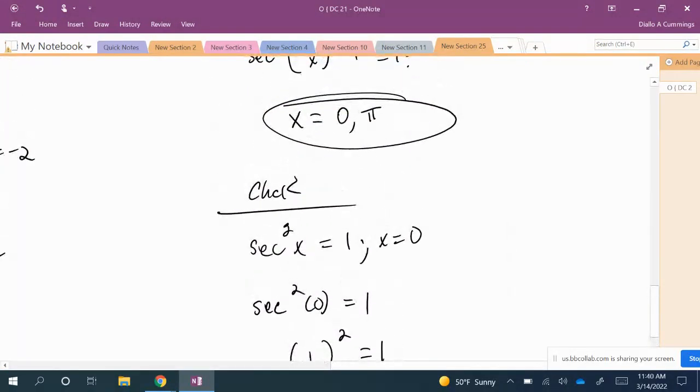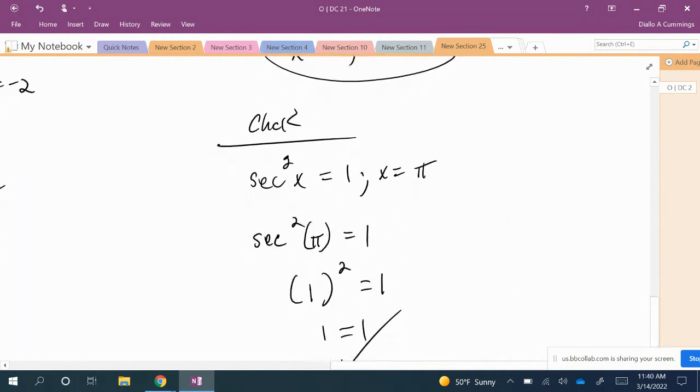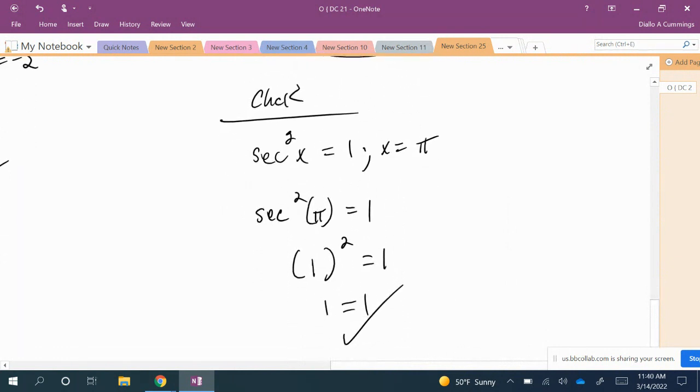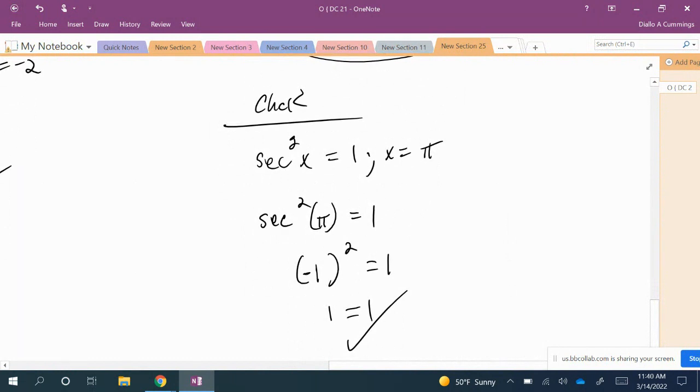And just visually also notice that pi would be a solution, because if we were to take the same check, all right, if I were to substitute x for pi, right, we have the secant squared of pi is equal to 1.